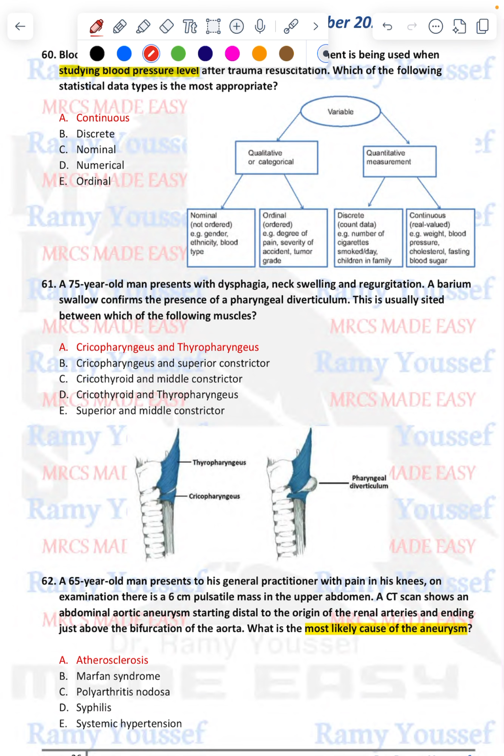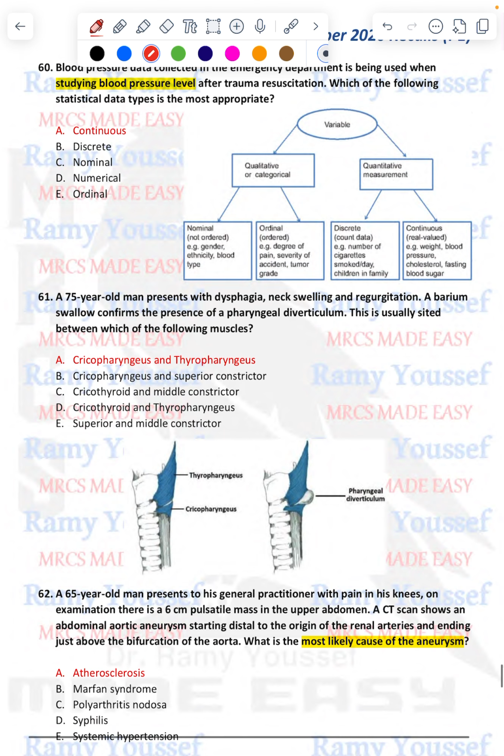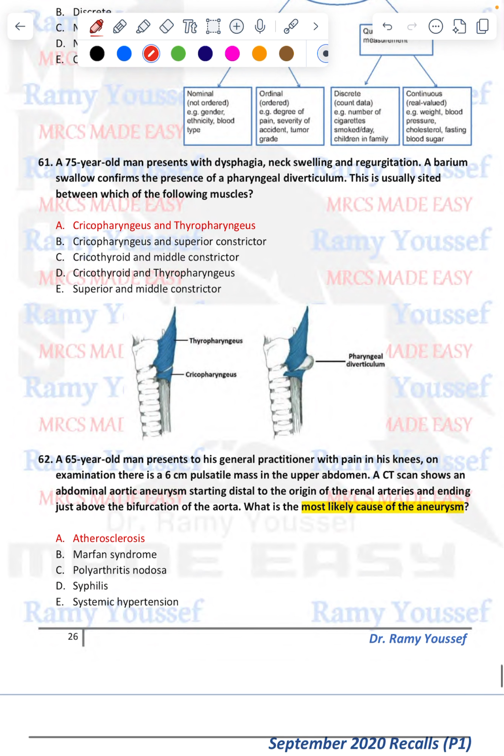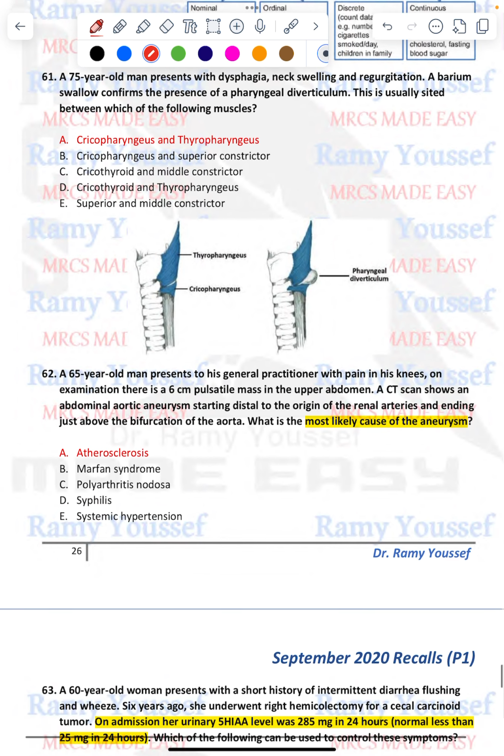So what is there? Marfan's. Marfan's is not there. Polyarteritis nodosa is there. Distal to the origin of renal arteries, just above the bifurcation of the aorta. This question is doubtful. Marfan's has to be there.